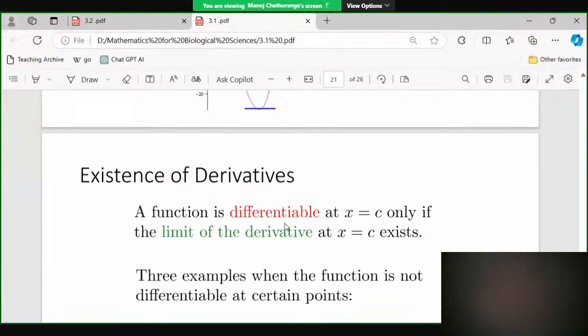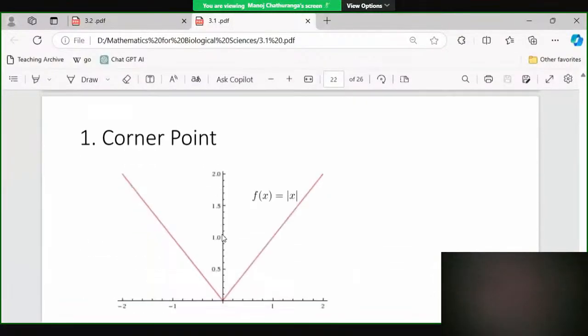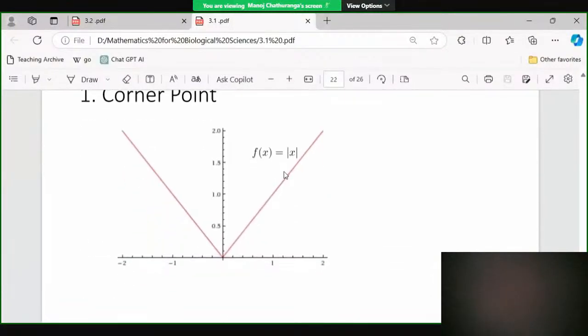A function is differentiable at x equals c only if the limit of the difference quotient at x equals c exists. So here we see three examples. Look at the graph of the absolute value of x. It is a piecewise linear graph.